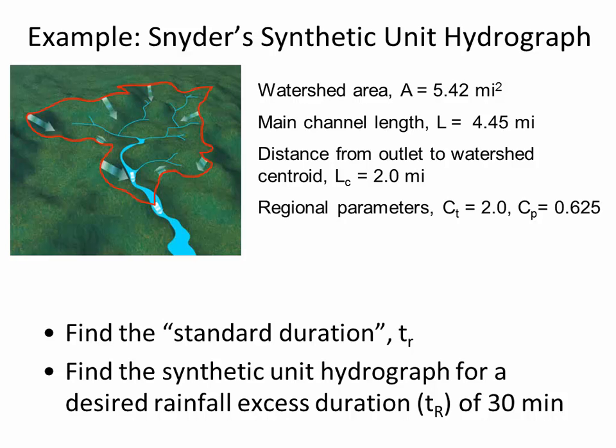We're given a C sub P of 0.625. And the area is going to be in square miles since we're BG units, 5.42 square miles. And then dividing it by T sub PR, which we just calculated as 3.803 hours. And that means that for the 30-minute hydrograph, we are going to have 570 CFS per inch as the peak.